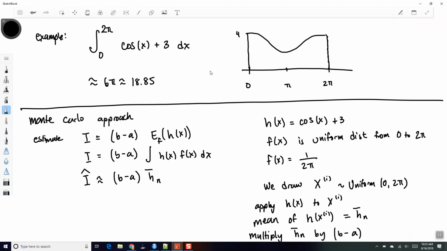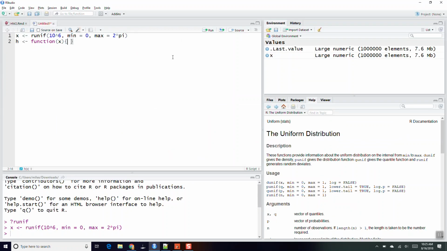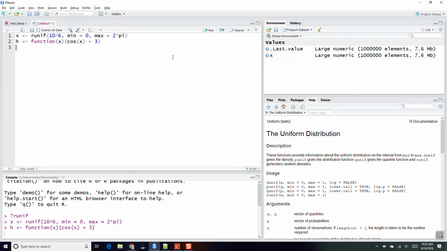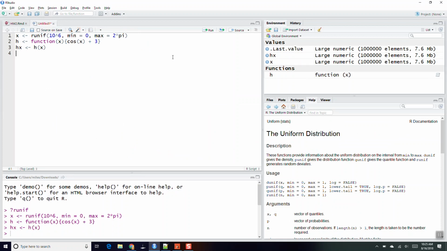All right, h is a function of x, and what it will do is find the cosine of x plus 3. Okay, and then I'll have hx, which will be h applied to x. So now I've got a million hx's, and then let's just ask for the mean of hx.